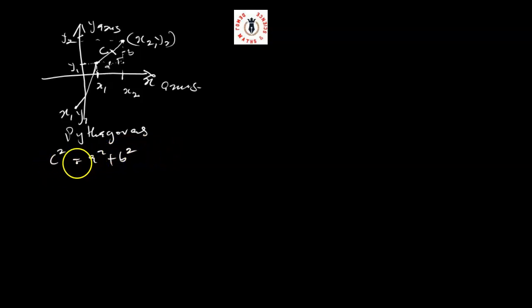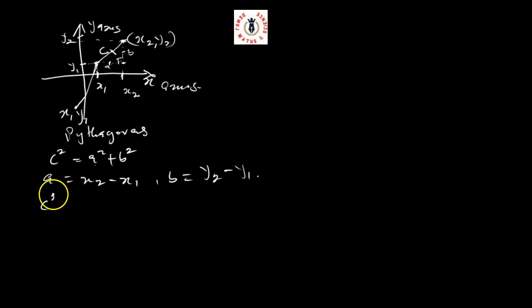Now, if C squared is equal to A squared plus B squared, obviously my A moves from x1 to x2, so that A is equal to x2 minus x1, and my B moves from y1 to y2, so B is equal to y2 minus y1.